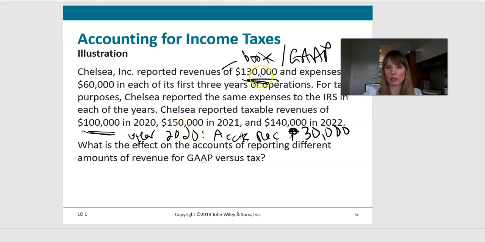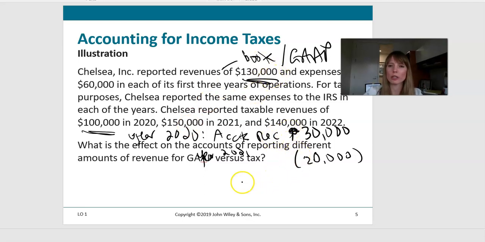Let's assume that the next period's revenues were all collected in cash of the $130,000, plus the company received more, so accounts receivable in year 2021 must have gone down $20,000, because the company received the full $130,000 plus an additional amount of cash that wasn't recorded as revenues.